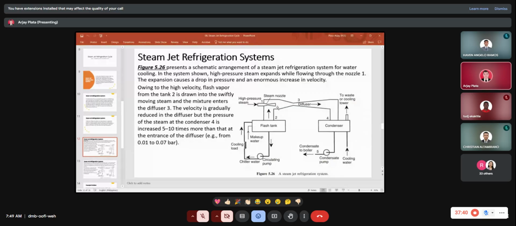And then this flash steam goes to the diffuser, and then before it goes to the condenser. At the condenser, there is a heat transfer happening where cooling water serves as the cooling medium, producing a condensate that will be used again in the boiler to produce a high pressure steam.